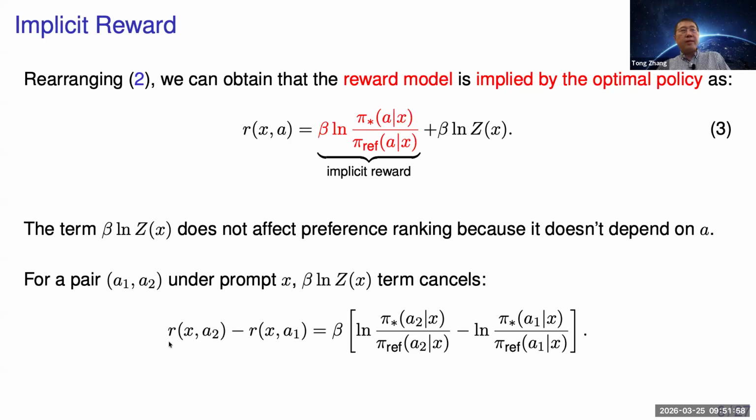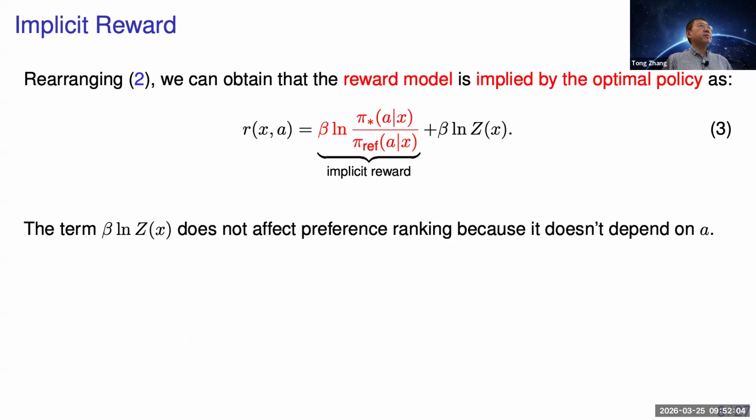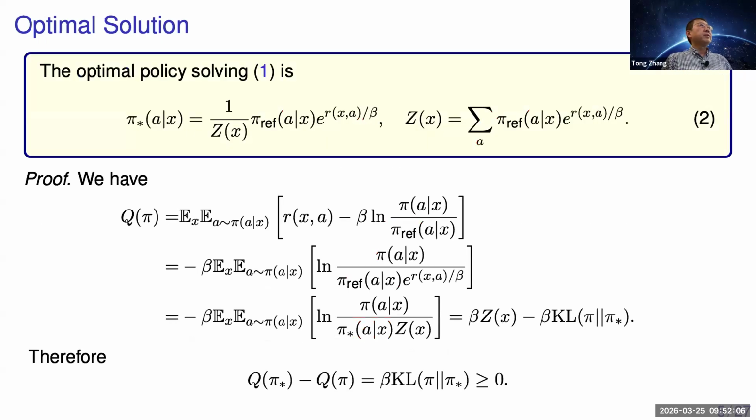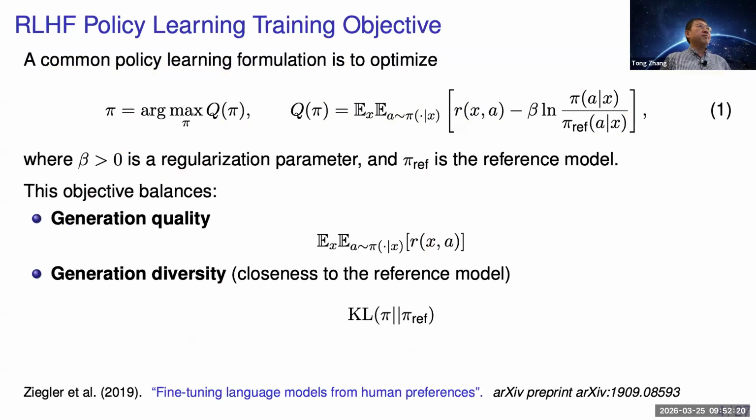Any questions so far? Last slide, the previous one. What is the Q pi star? Oh, pi star is this one. Q is the objective function. It's given here. I think you came late, maybe I will come back to this. It's defined here.